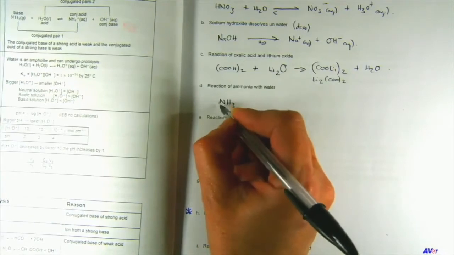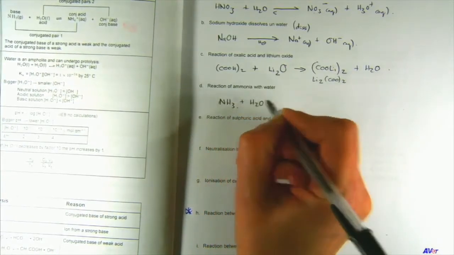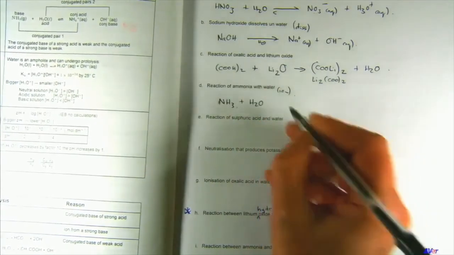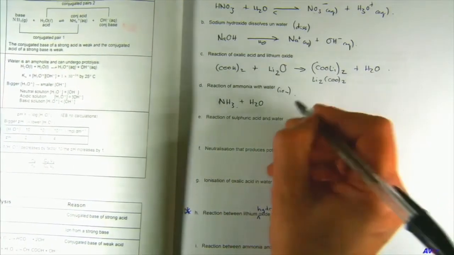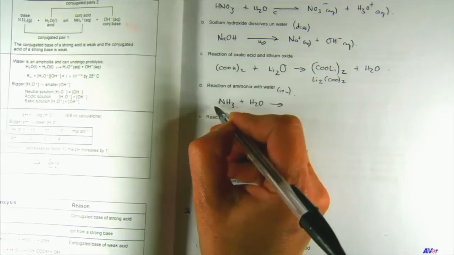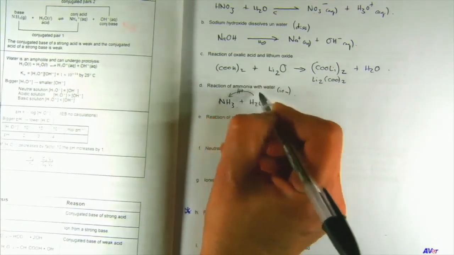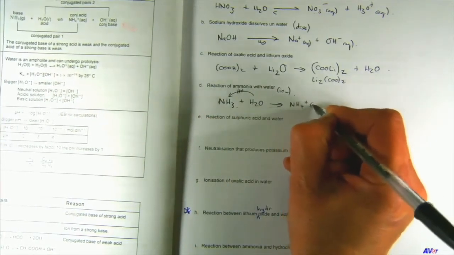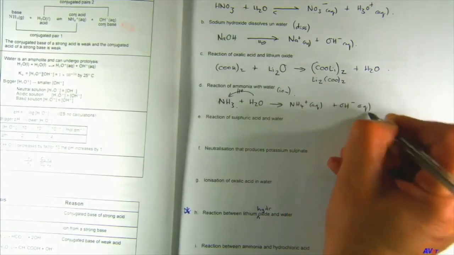Because it's covalent, made of non-metals, it will do the weird thing, it will ionize. So this is the only base that ionizes. And it means I have to put the water into my equation. How does a base ionize? A base is a proton acceptor. So the H plus is going to be donated to this one. It's going to become NH4 plus in solution, and you will have OH minus in solution.